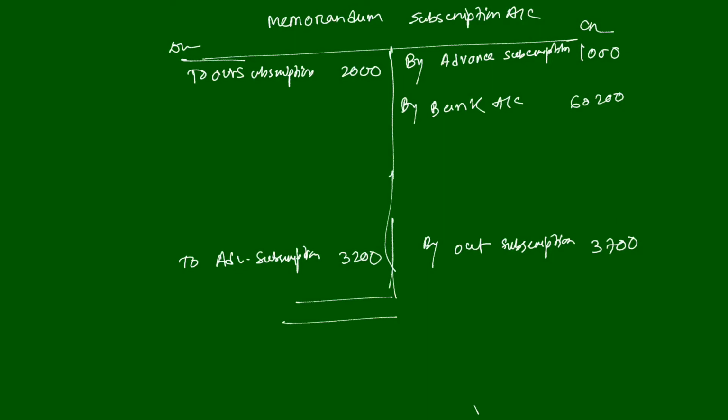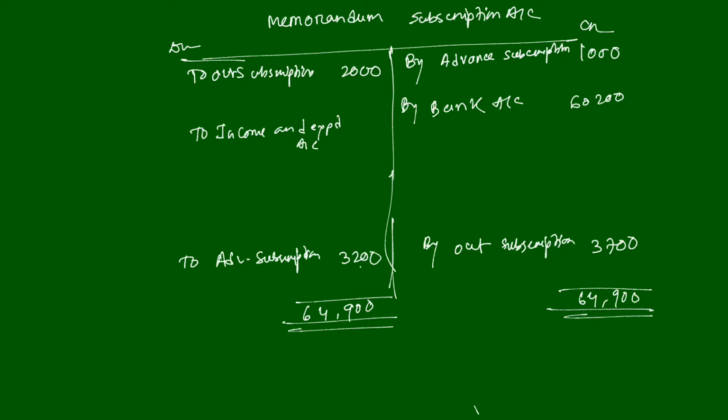Okay, you close this value, 64,900 on both sides. Now here the balance, after 2,000 and 3,200 minus 64,900, is the balance in figure, which goes to the income and expenditure account, and that money is 59,700.